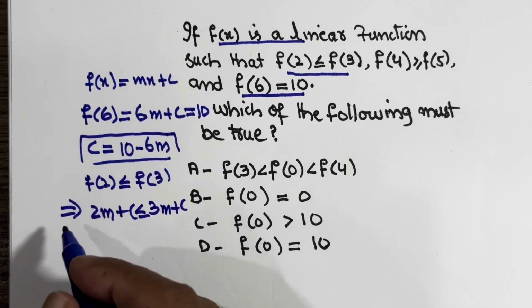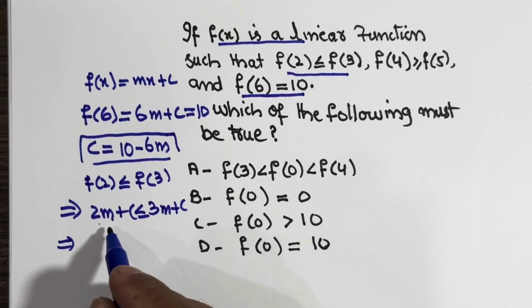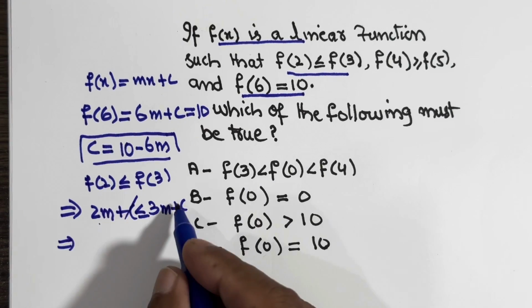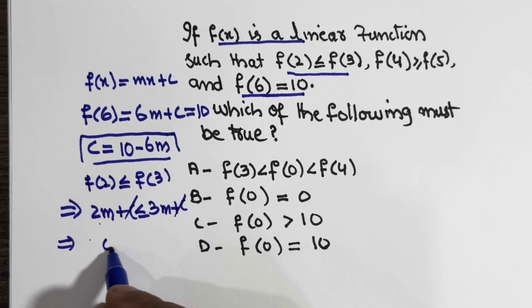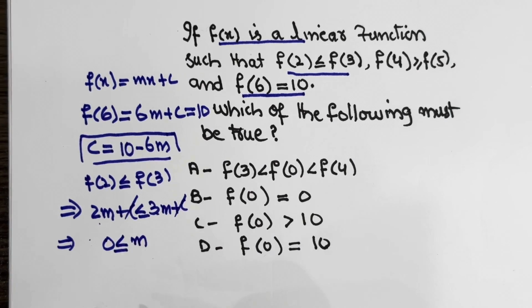So students, from this we will rearrange. So c is cancelled by c. So we have 0 is less than or equal to 3m minus 2m, that is equal to m.